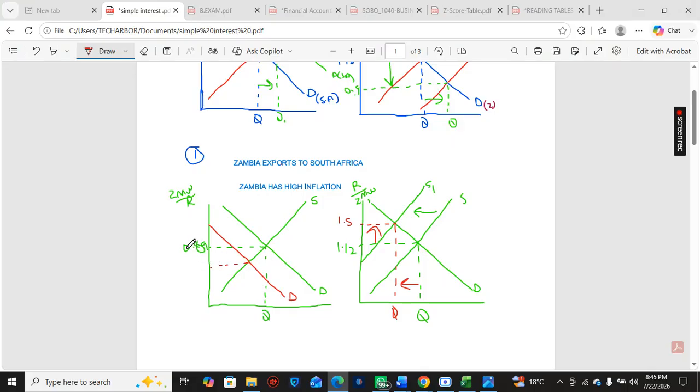Okay, so let's say from 0.89, we just say 1 over 1.5 to get the new exchange rate. 1 over 1.5 is 0.66.